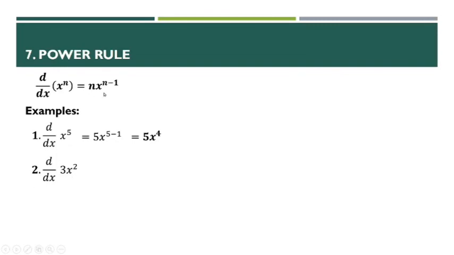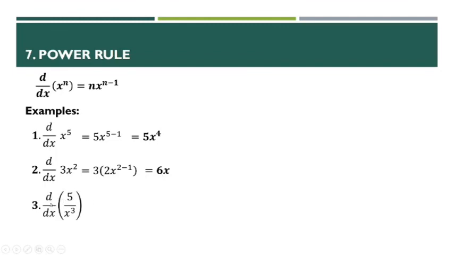So following the rule, we have 3x squared. So we have constant multiple, pwede nating ilabas na and perform the power rule on x raised to 2. We have 2 exponent and x raised to 2 minus 1, which is 3 times 2 is 6 and 2 minus 1 is 1. So we have 6x only.